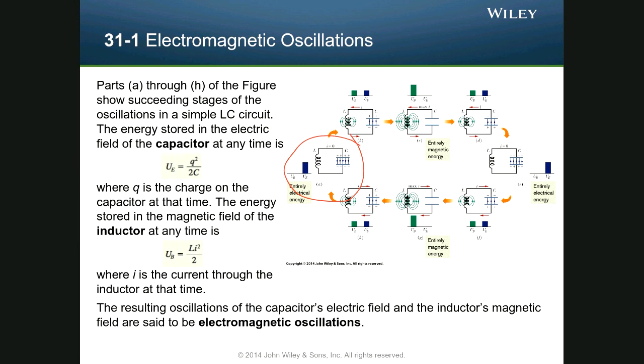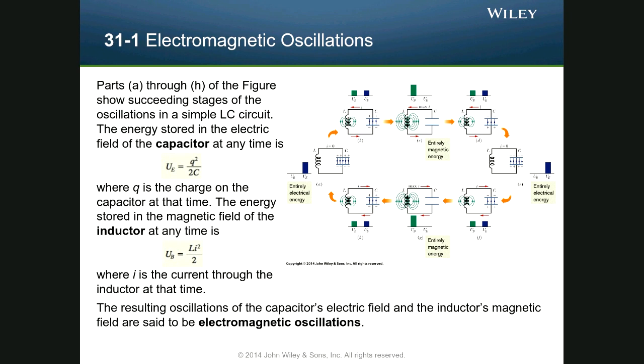So initially, the capacitor is fully charged, all the energy is electric. As the capacitor starts to discharge, we have a current that goes through the circuit. As the capacitor is discharging, that current is changing. As that current flows through the inductor, that change in current leads to the buildup of a magnetic field, because the current is going from 0, it's increasing, right?